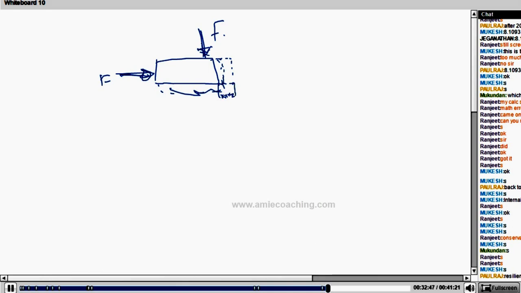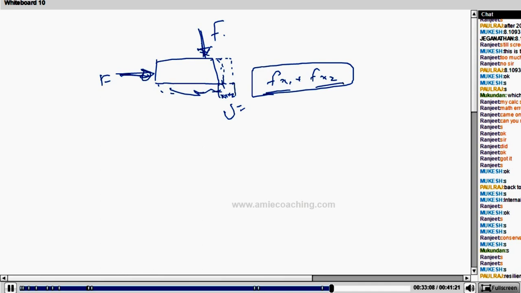So what will be the work done? F into x1 plus F into x2. This will be the work done. So what will be the strain energy stored in the material? That will be the same: U is equal to Fx1 plus Fx2.